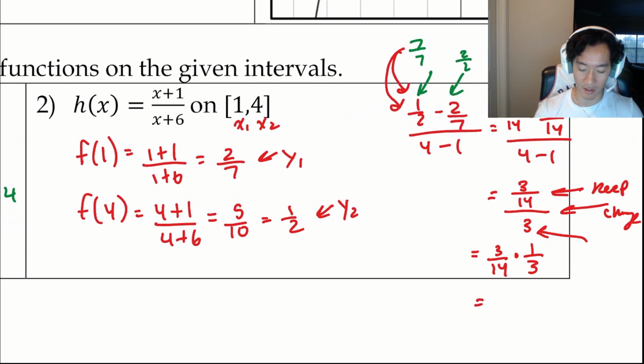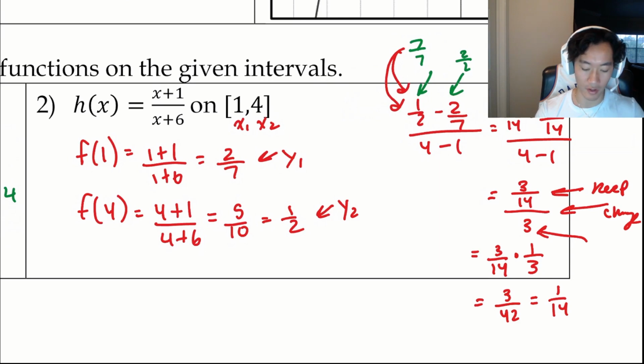So if I multiply straight across, I get 3 over, what is that, mental math? 14 times 3, what is that, 42, I believe, right? Yeah, 42. And I believe I can simplify that a little bit further. Even though it doesn't look like it, it should be reducible by 3 in both numerator and denominator, leaving me 1 over 14. And so there's my average rate of change there.